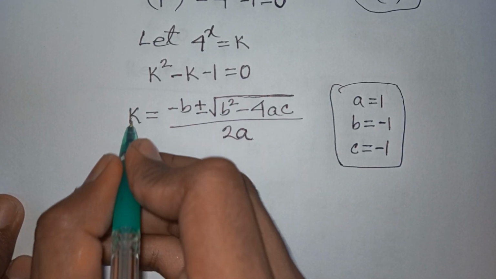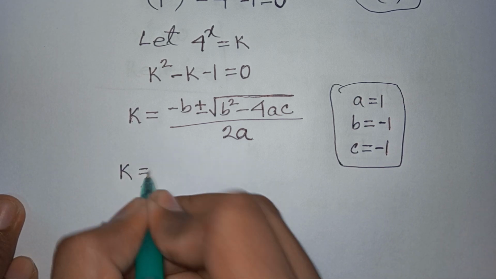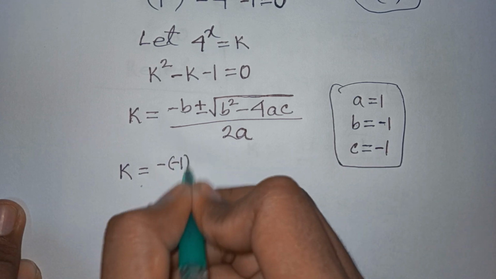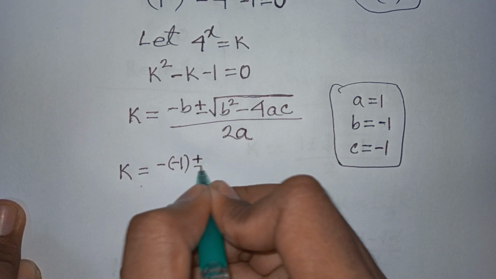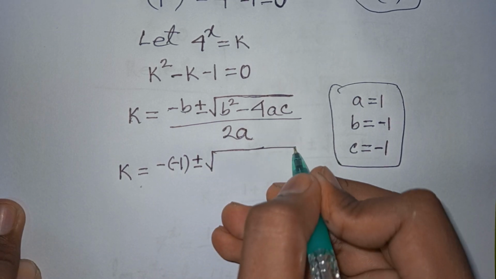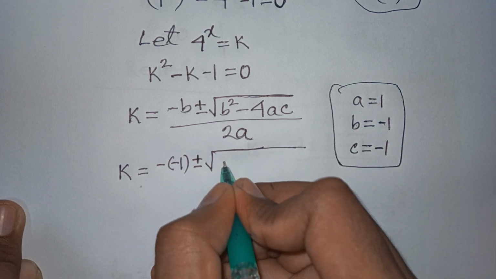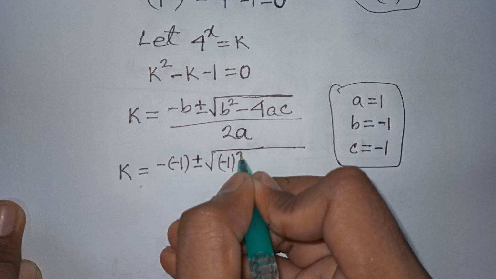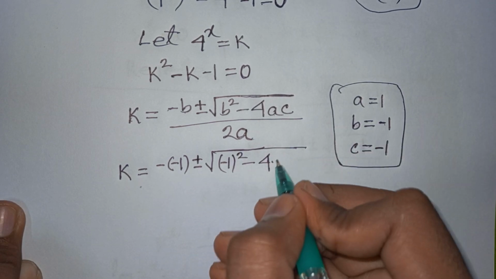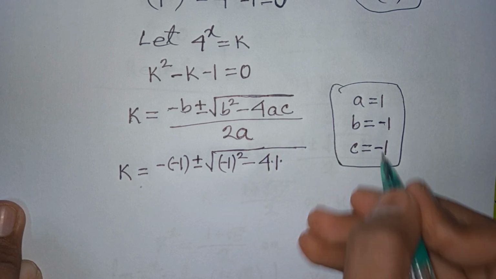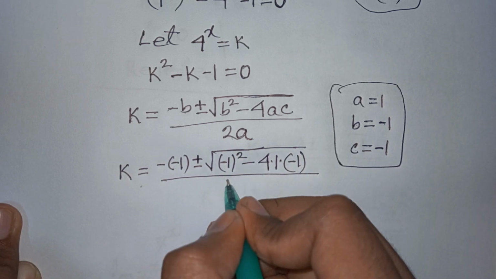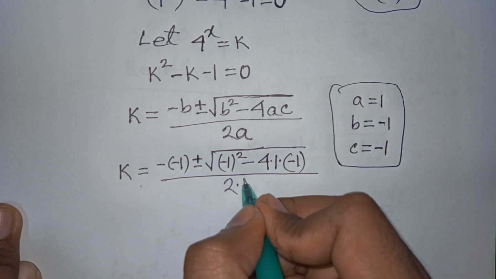So it will be k is equal to minus b, that means negative 1, so it will be bracket negative 1, plus or minus a square root of b square, that means negative 1 bracket square, minus 4 times a, that means 1, times c, that means bracket negative 1, divided by 2 times a, that means 1.